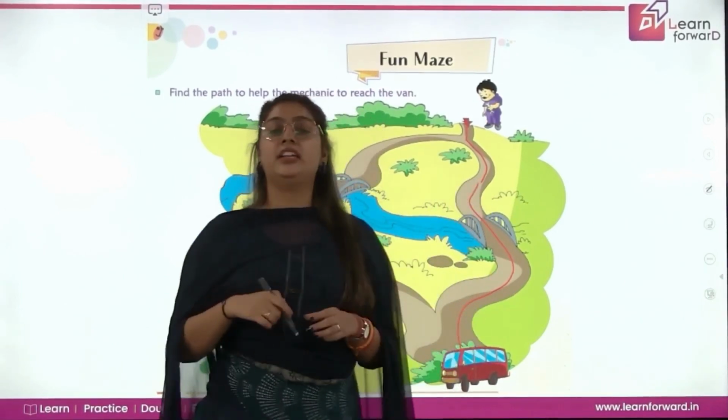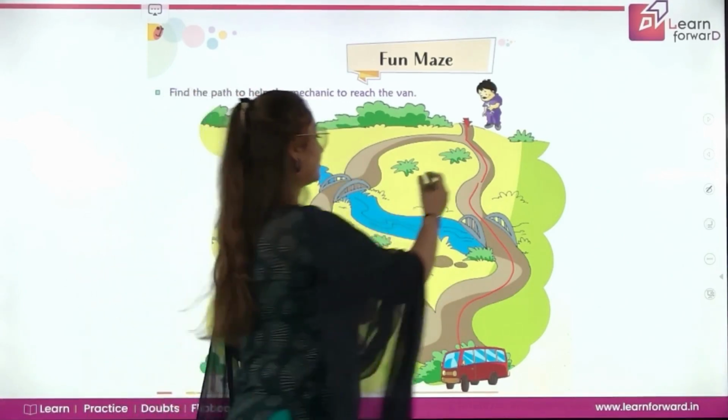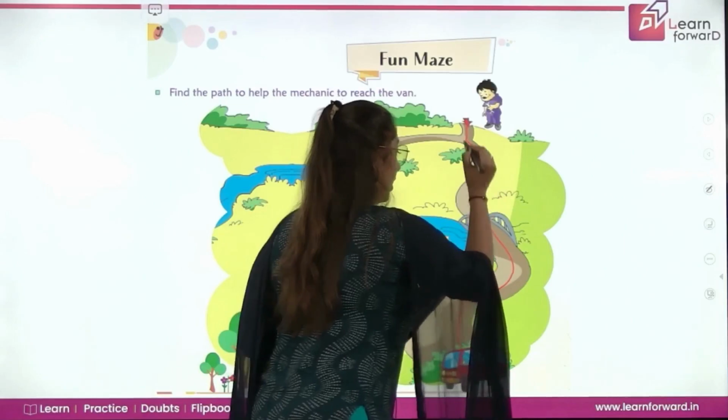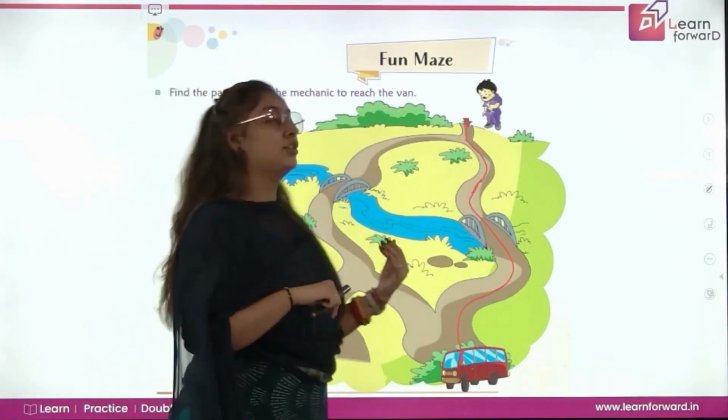And finally, we reached our location, means मैकेनिक को ठीक रास्ता हमने बता दिया. The right path to go.